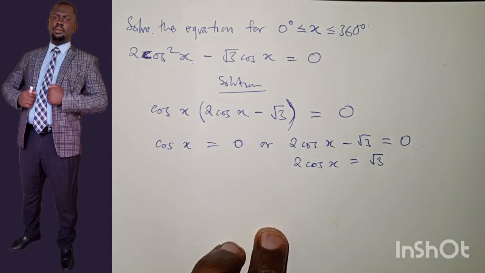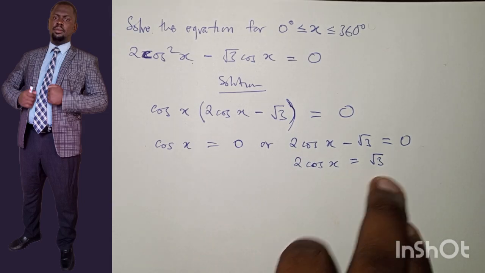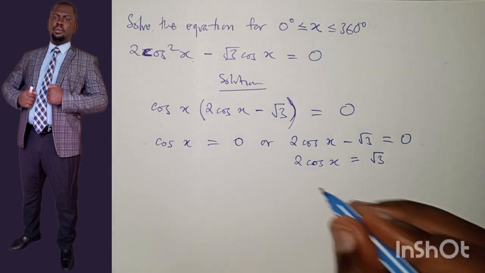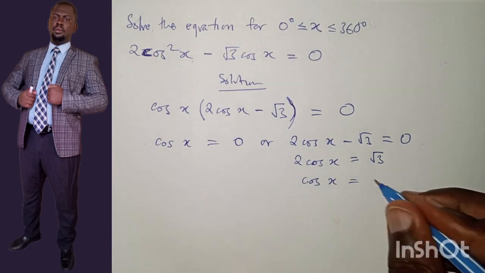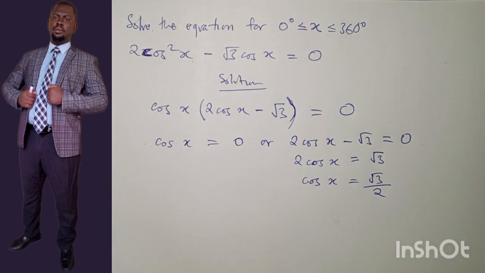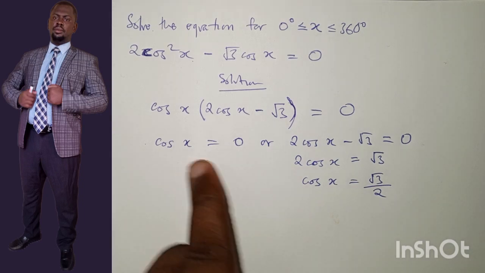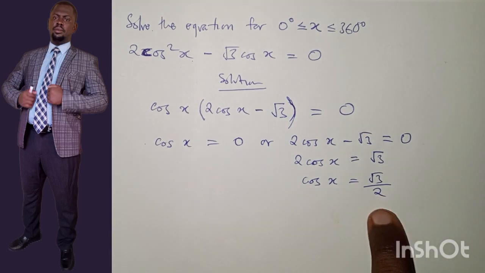Then to remain with cos x, we divide both sides of the equation by 2. So cos x is equal to square root of 3 over 2. Okay, so we have 2 solutions for cos x. We have cos x is equal to 0, and cos x is equal to square root of 3 over 2.